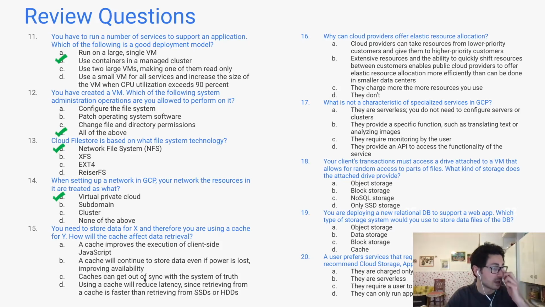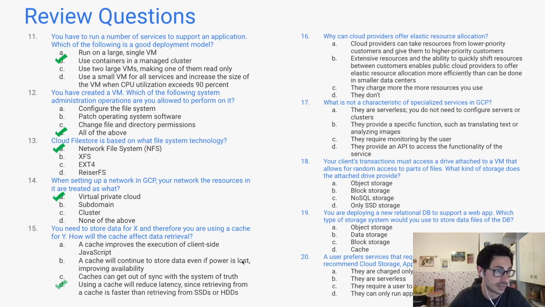No. Caches can get out of sync with the system of truth, so this is theoretically true, but let's read also the D. Using a cache will reduce latency, since retrieving from a cache is faster than retrieving from SSD or HDD. This is also true. Since here we're talking about how does it affect data retrieval, it is actually D, because this talks about data retrieval, not C.